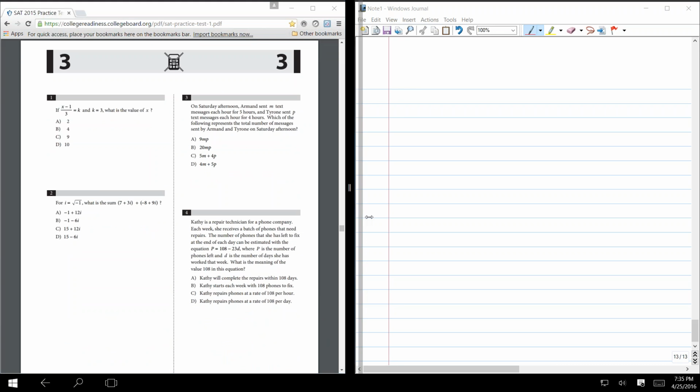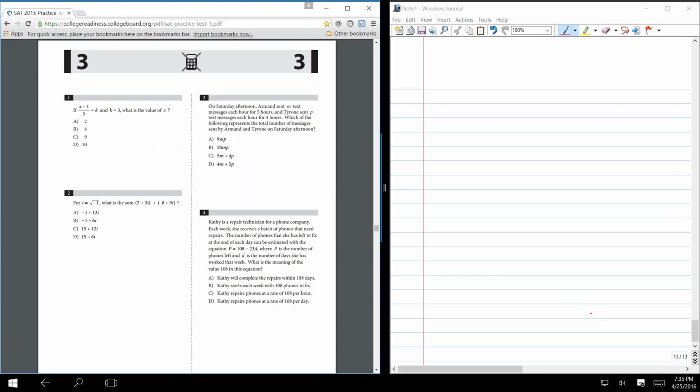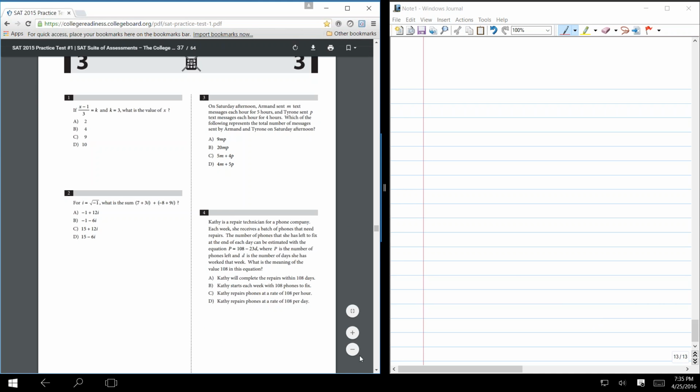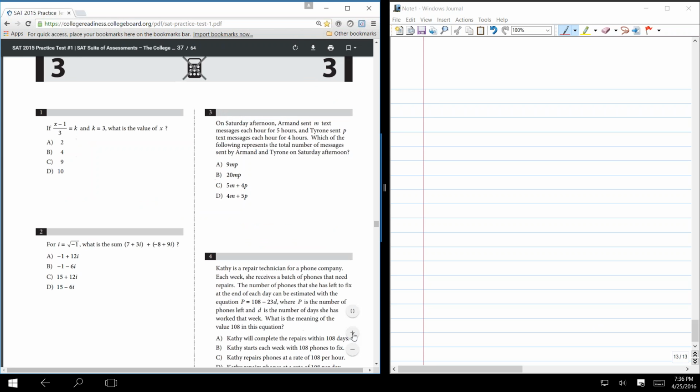But I've always felt like the company that makes the test is going to be your best bet for accuracy, because there are definitely some companies that are trying to sell you their tutoring program. And so they might give you some sample questions that are on the highest degree of difficulty just because they want you to do poorly on those sample questions so that you'll sign up for their tutoring. And I don't believe this test does.